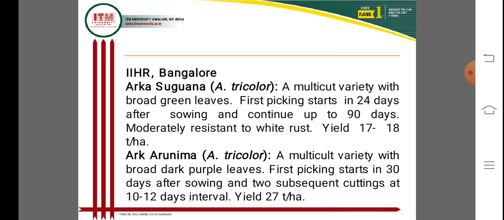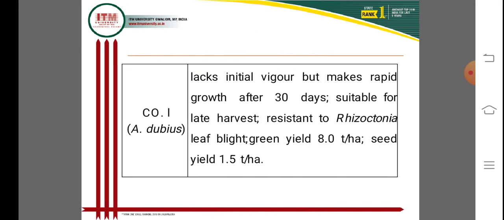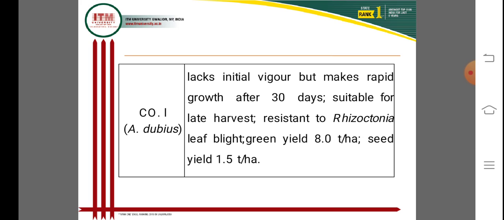The total yield of the variety is 27 tons per hectare, which is very important for yield and for farmers.